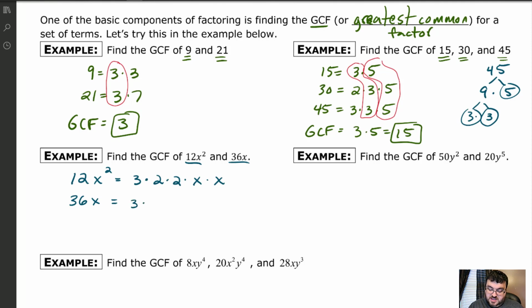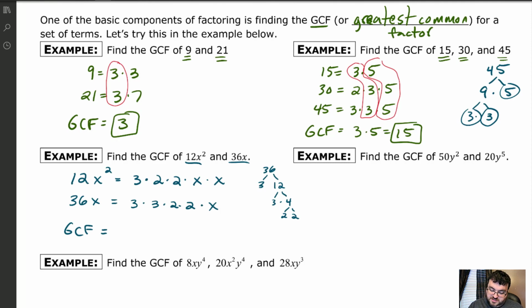So 3 and 12. 12 is 3 and 4, which 4 is 2 and 2. So 36 might be one where you definitely need to go to your factor tree and just pull it out to the side. You can have your little side work where you say, okay, here's 36. And we'll break 36 up into 3 and 12, 12 up into 3 and 4, 4 is 2 and 2. So you can break it up on the side if you need to.